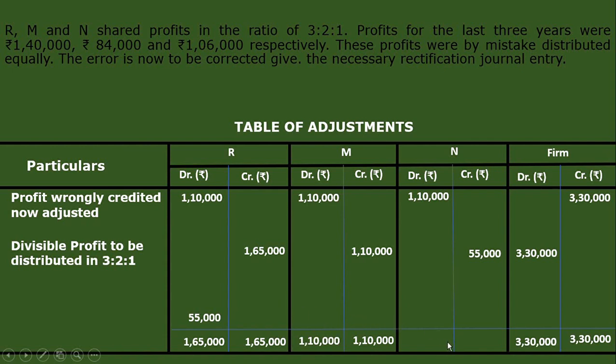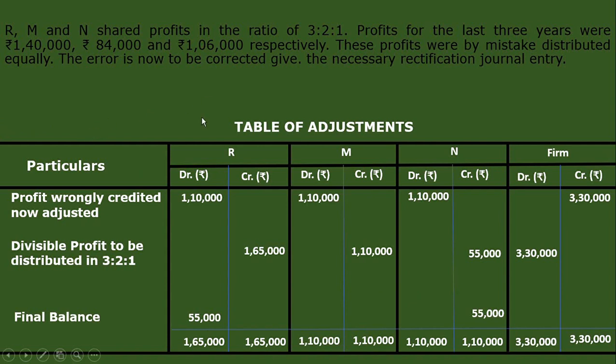Next, for Mr. N, this debit side is greater, 1,10,000. Then write down that 1,10,000 here too, and the balance will come 55,000. And you know this balance is known as the final balance. So now our table of adjustment is ready, and this is nothing but the working note.